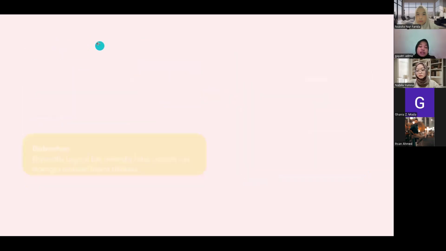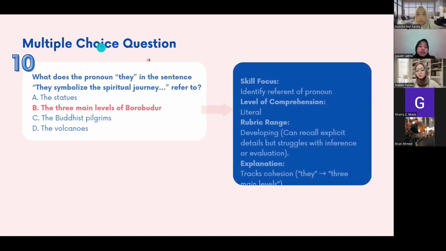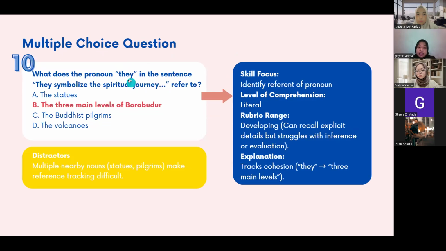And then the last question is, what does the pronoun "they" in the sentence "they symbolize the spiritual journey" refer to? Here we know that it asks the students to get the meaning of "they" in a specific sentence.